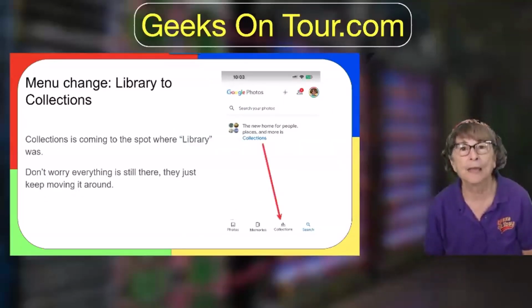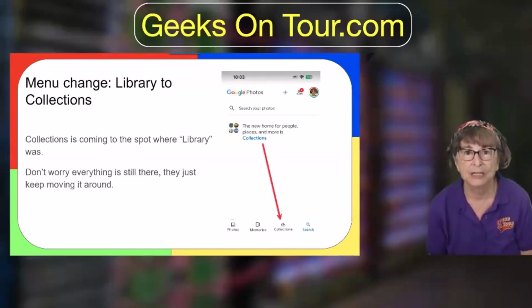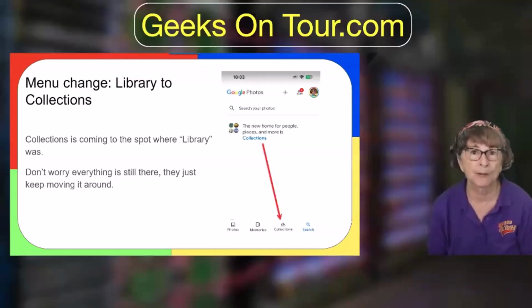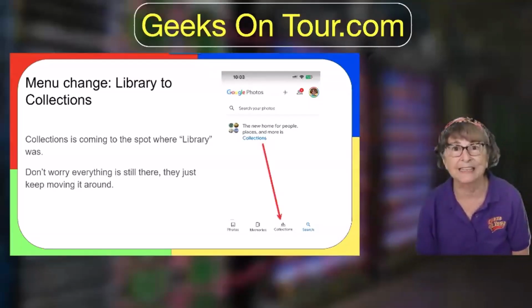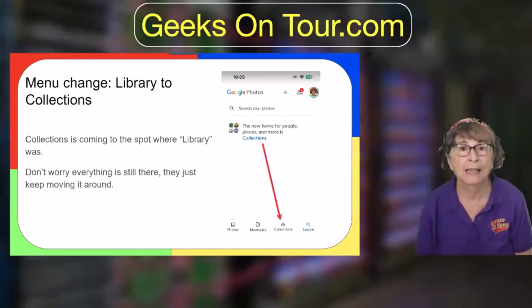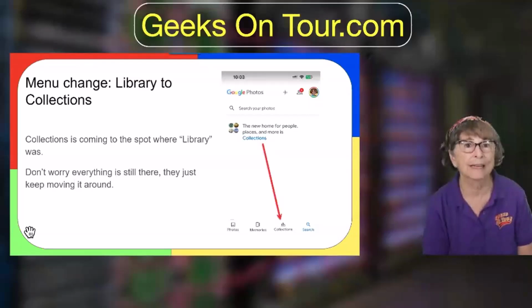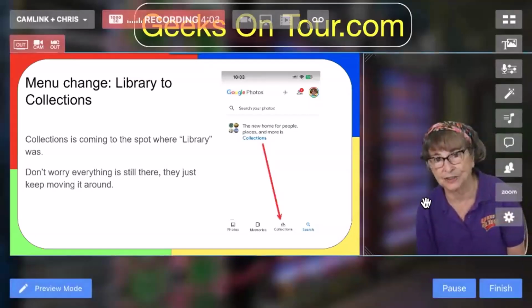Next, a menu change. They keep moving our cheese. If you look at your Google Photos, you're probably accustomed to seeing a tab at the bottom called Library. Well, on mine anyway, now it no longer says Library, it says Collections.